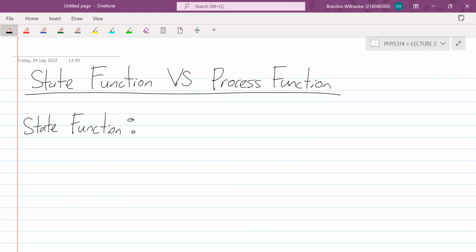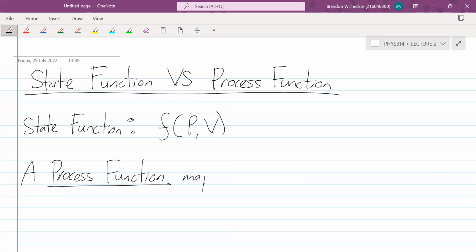Those were functions of a particular macro state. We could write it as f of PV, for example. That's a state function. On the other hand, a process function maps a curve in state space to a real number.